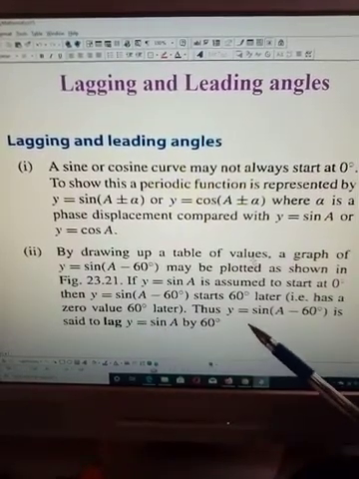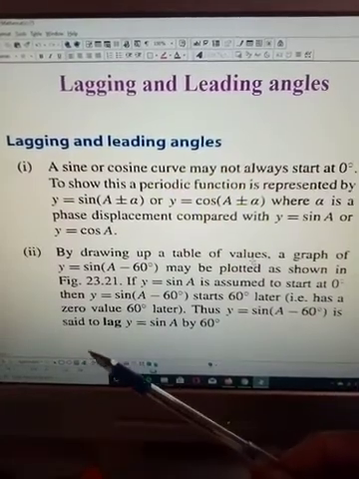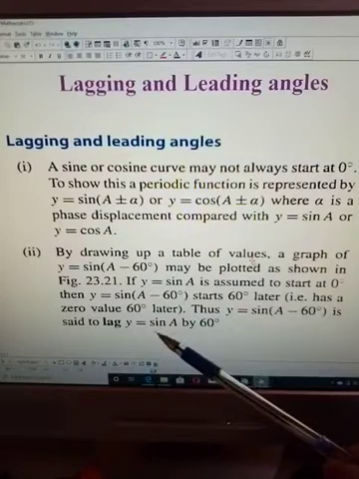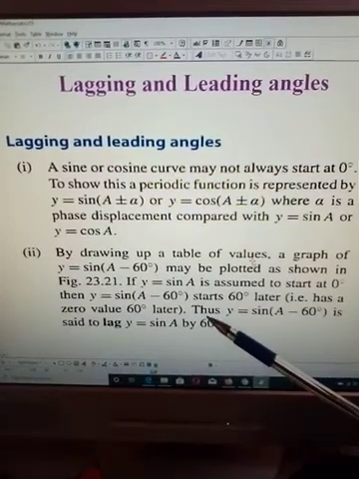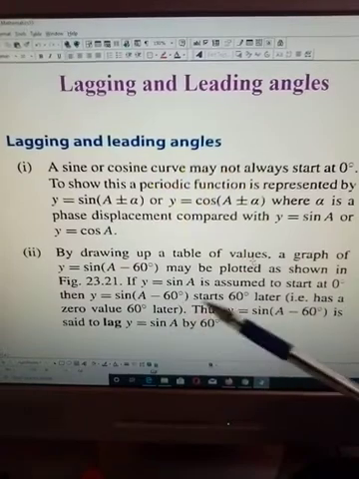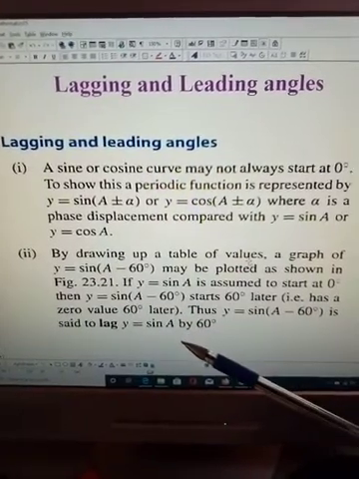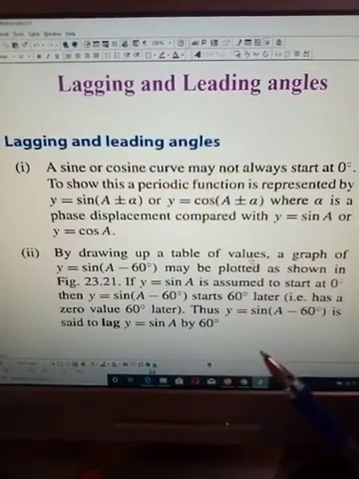Thus y equals sine (A minus 60 degrees) is said to lag y equals sine A by 60 degrees. In this case, it would be lagging because it's starting 60 degrees later than the original waveform. So it is lagging.